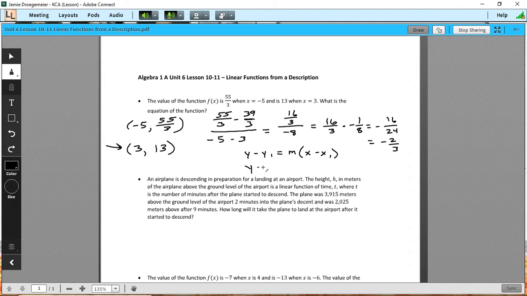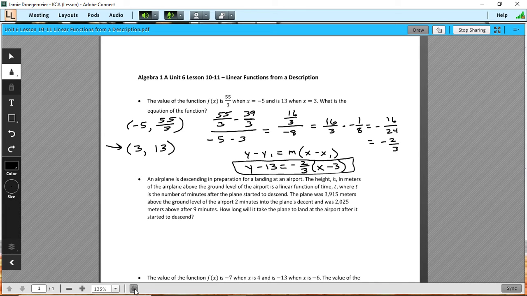So y minus that y value of 13 is going to be equal to my slope, which is -2 thirds, times x minus the x value from that point, which is 3. So this would be an example of an equation for that function. And I could simplify that from there to get it into slope-intercept form. I'm going to stop there. But that would be an example of an equation for that function.